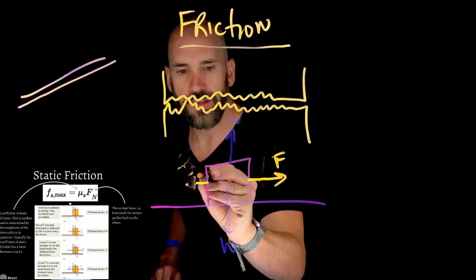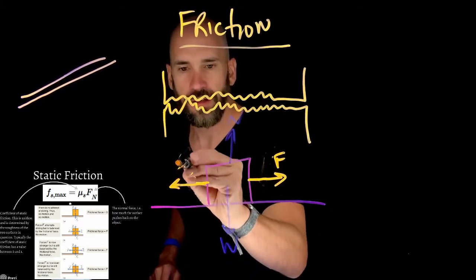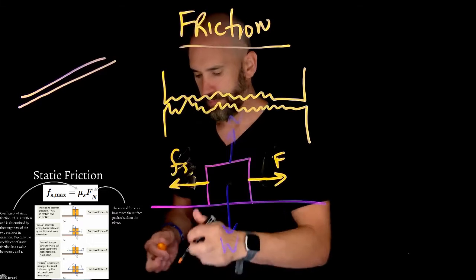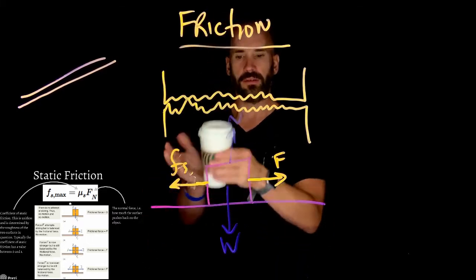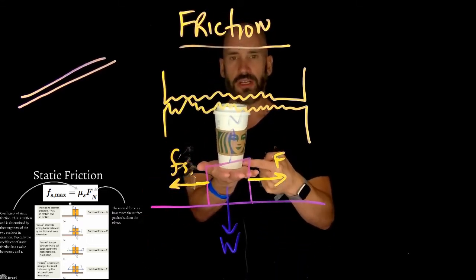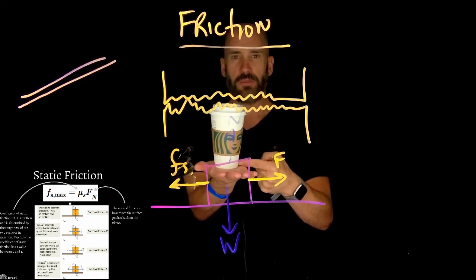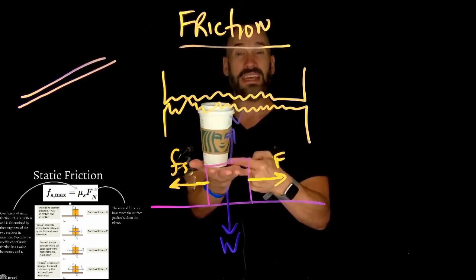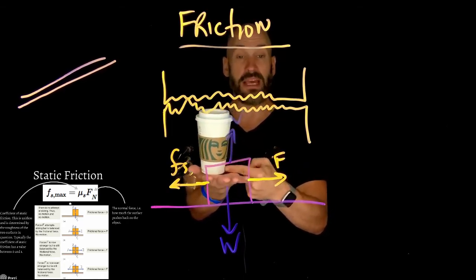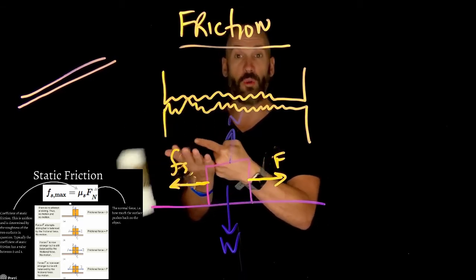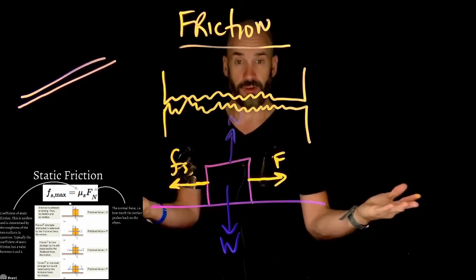It's going to meet me. But all of you know that there is some point where I'm pushing, but at some point it can't meet me anymore, and the force that I push with overwhelms static friction.